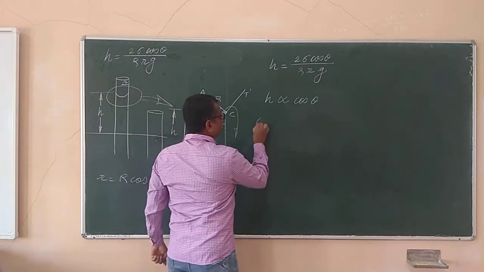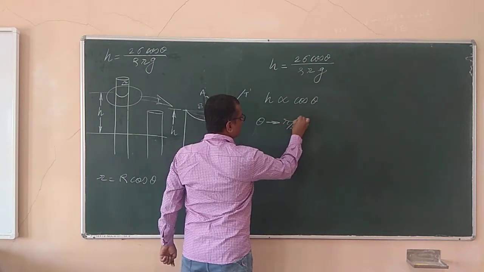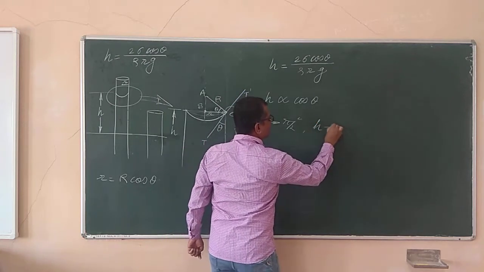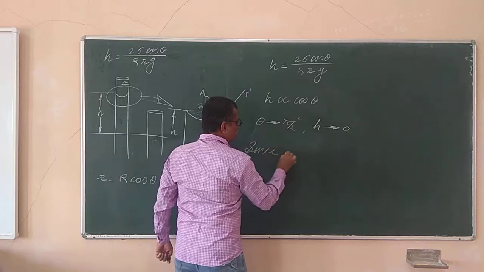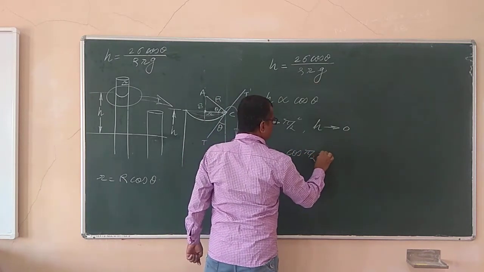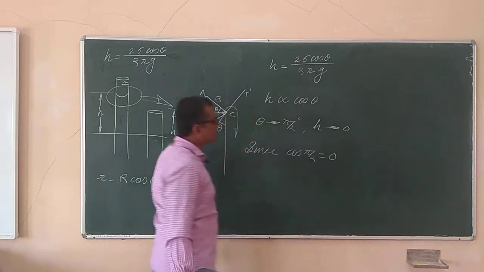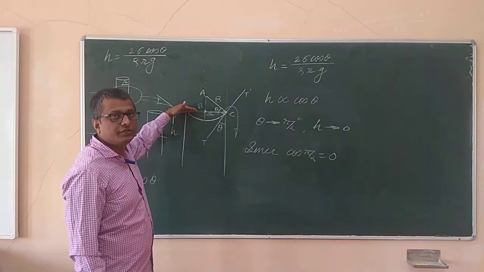So in this case, if theta tends to pi by 2 radian, the height will tend to become equal to 0, since cos of pi by 2 is equal to 0, and that's the reason the height of the liquid level above this level BC will be 0.